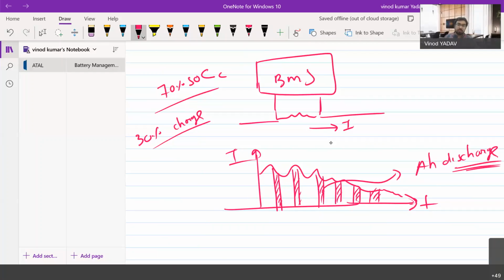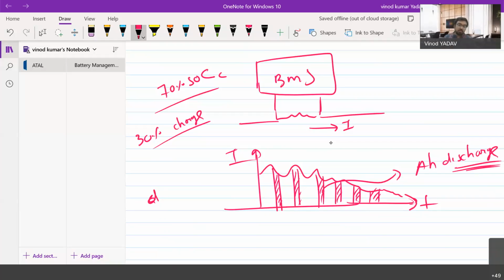There is one drawback: current sensors have drift, causing integration error. You may not get the perfect alignment with the peak values.